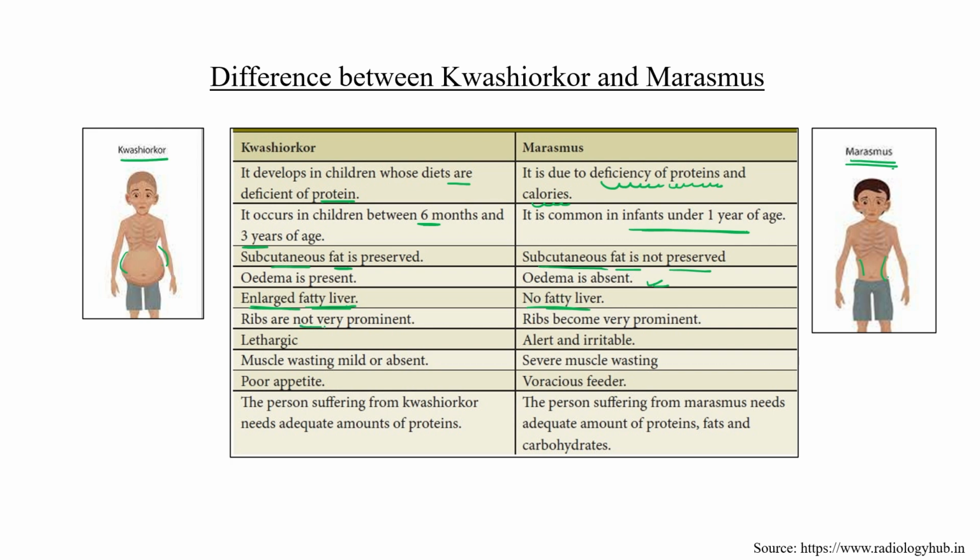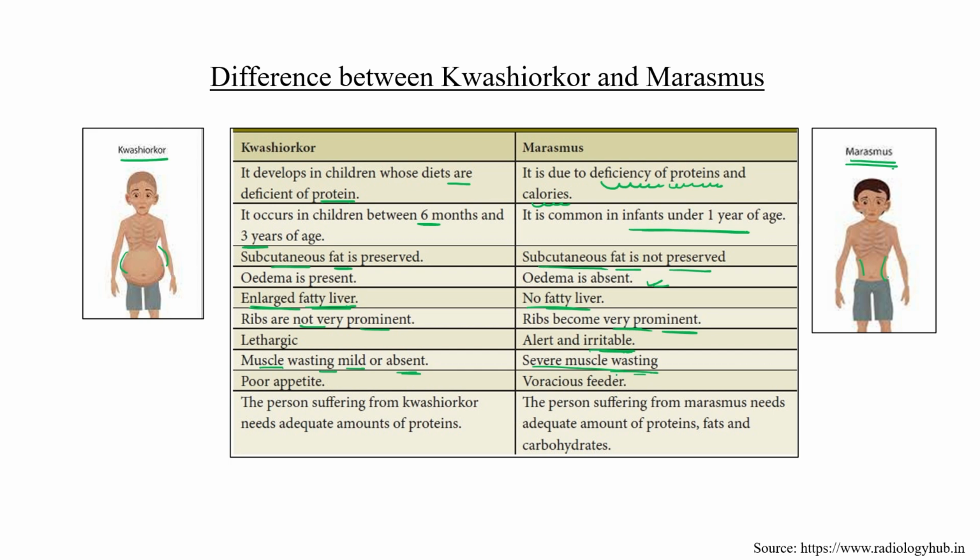Ribs are not very prominent in Kwashiorkor, while in marasmus the ribs are very prominent. Kwashiorkor patients are lethargic, while in marasmus the individual is alert and irritable. Muscle wasting is mild or absent in Kwashiorkor, while in marasmus there is severe muscle wasting, muscle loss.